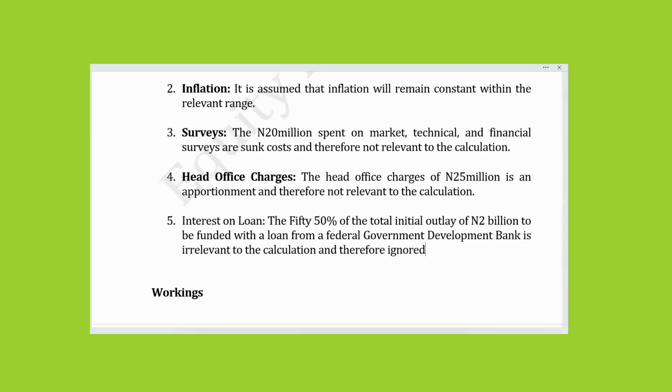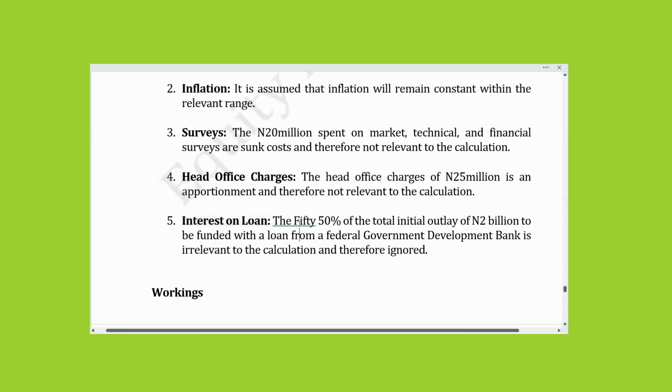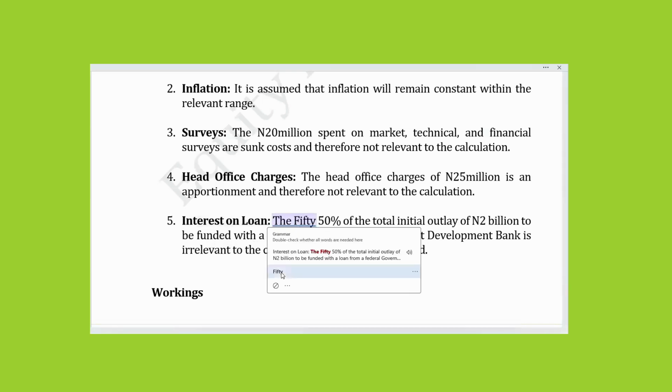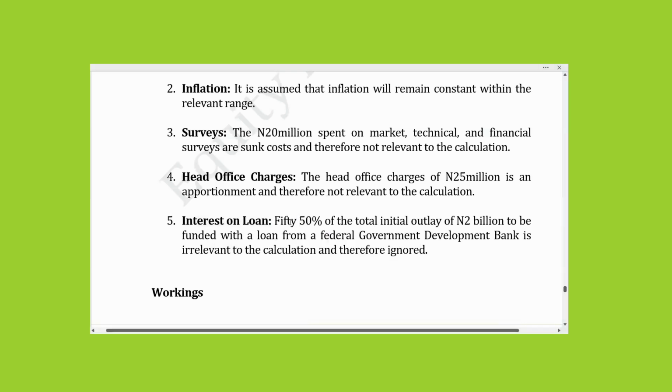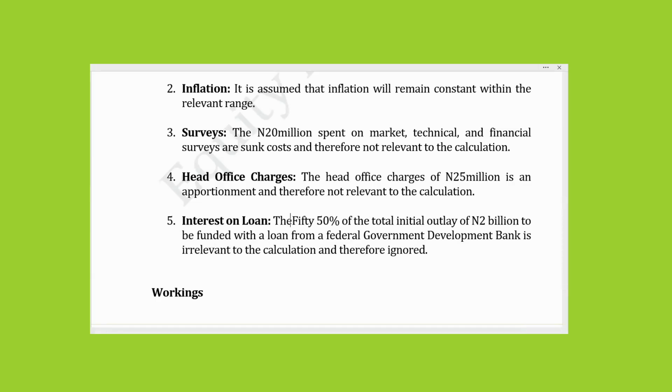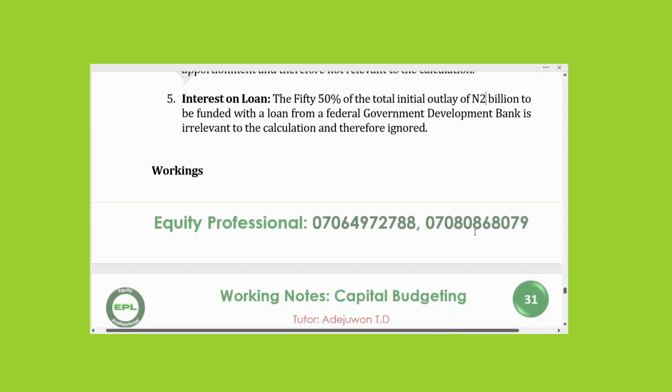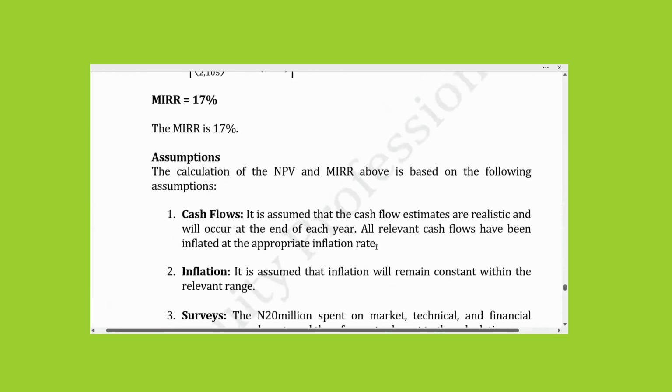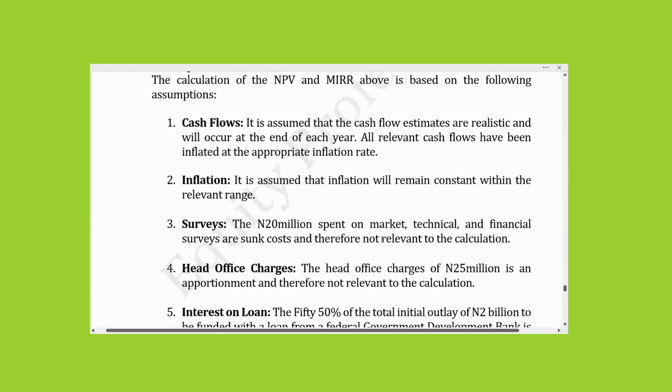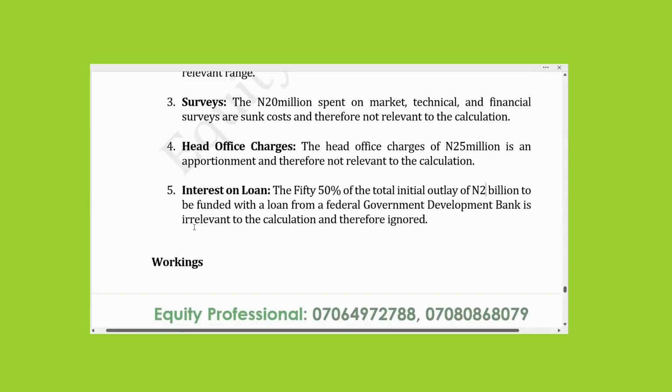We don't need it. That is our assumption on that, because the cost of capital of 20%, which we have used to appraise the projects, already included interest. And that is why the loan of 1 billion naira is ignored in our calculation. So if you state like 3 or 5 assumptions, you are good to go. At this moment, you can earn your full mark.